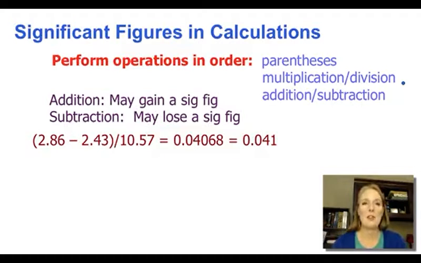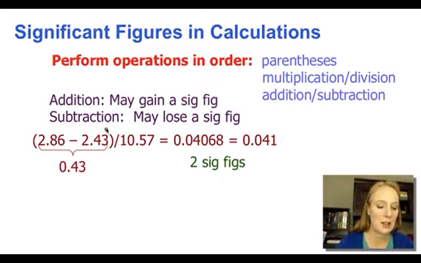In this problem I have 2.86 minus 2.43. That's inside the parentheses, so I would do that first. The number that results from that doesn't have 3 significant figures, even though both of those numbers do have 3 significant figures. The number that results from that is 0.43, and it only has 2 significant figures.